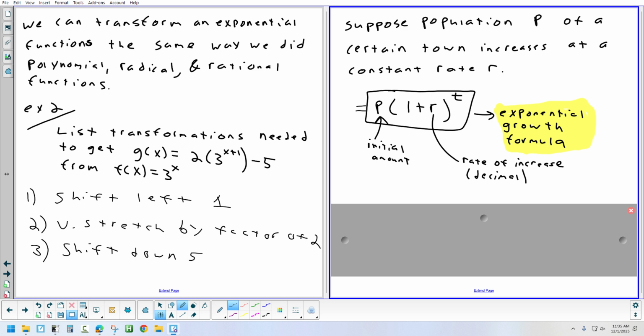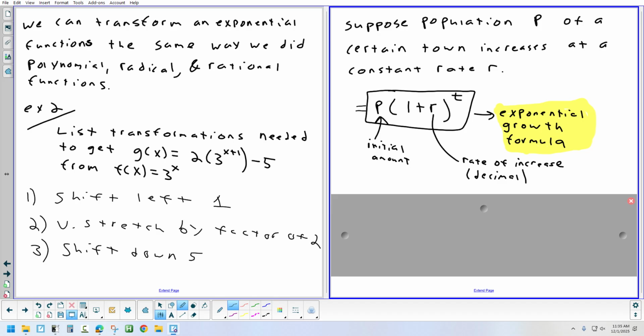What is important about r, though, if they tell you that something is increasing by, say, 12%, you need to change the percent to a decimal. What is 12% as a decimal? Right, it has to be changed to 0.12. T is usually measured in years, but could be days. I think years and days are the two we're going to see today.